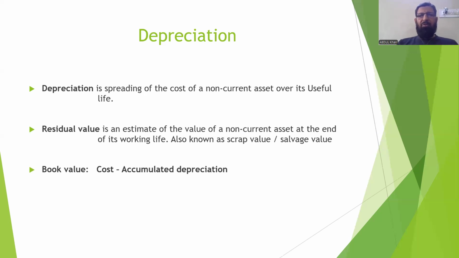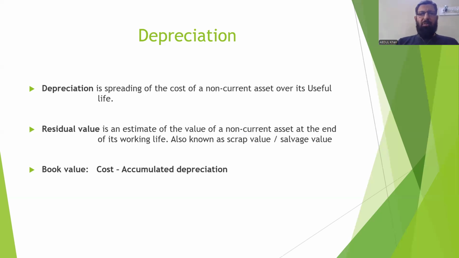Book value means value according to our record. It is not the value at which we can sell it. Maybe we can sell it at a higher price, maybe at a lower price. But the book value is the value according to our record.